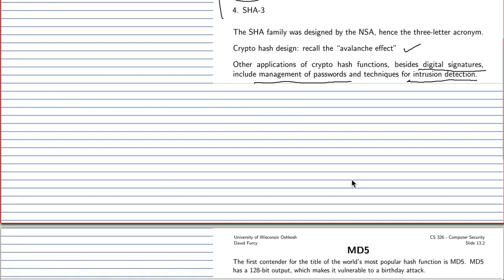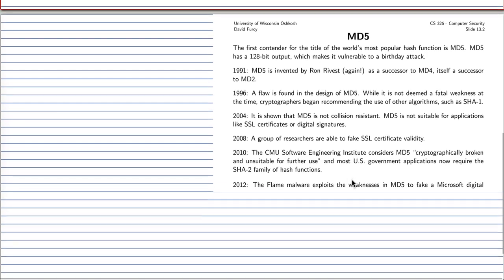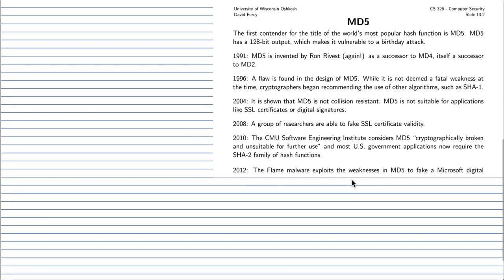So for now, let's take a quick look at the MD5 cryptographic hash function. MD5 stands for Message Digest version 5. It was proposed by Ron Rivest in 1991. Rivest is the same R that we saw in RC4 and RSA. Now, this hash function has an output of 128 bits.